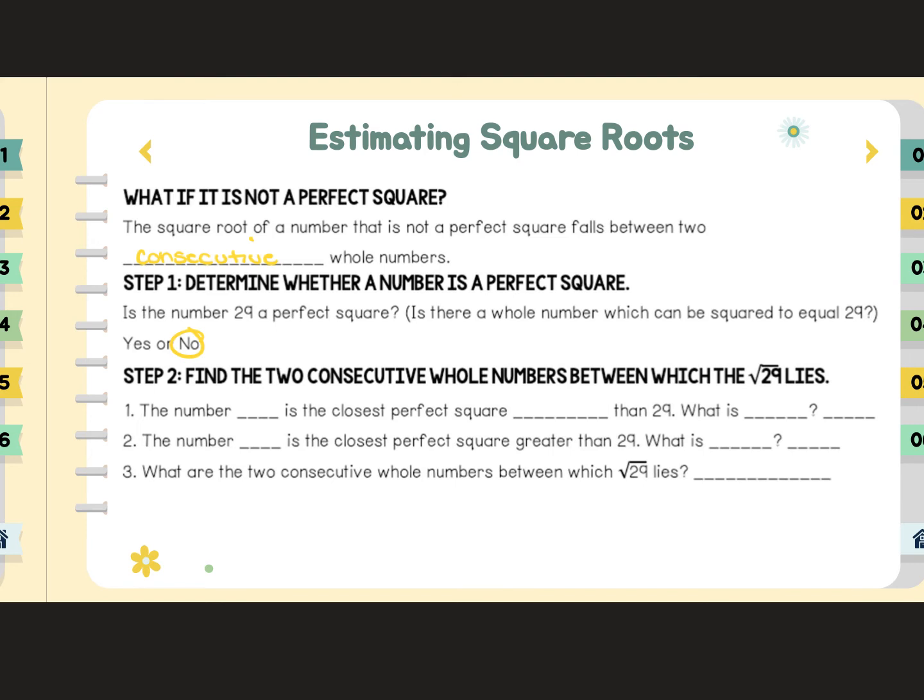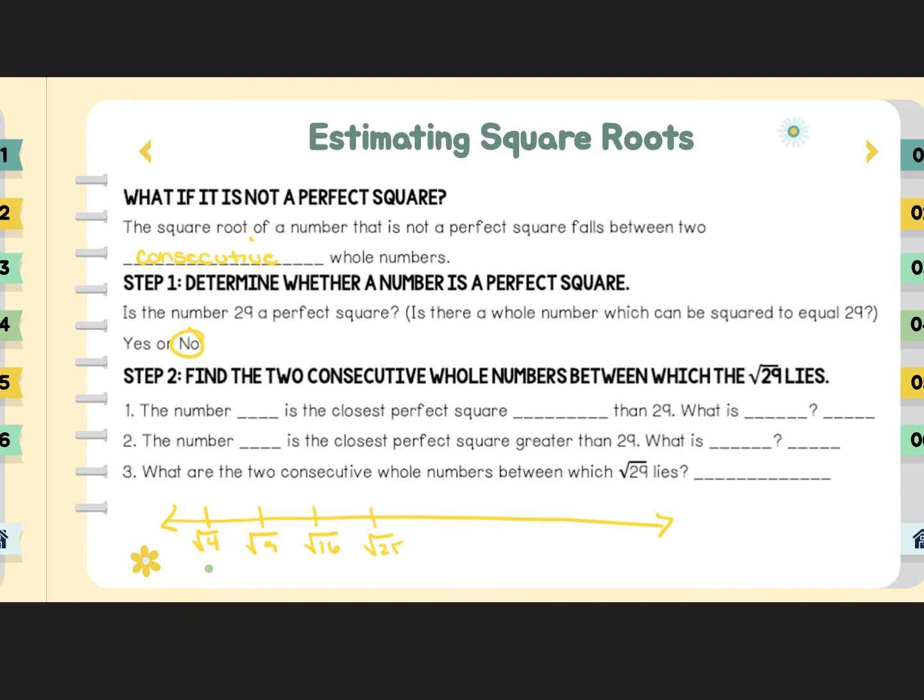All right. Step 2 is to find two consecutive whole numbers between which the square root of 29 lies. So when we think about our perfect squares, we can go back to our perfect squares and think about which two numbers 29 lies between. So really fast here, I'm going to put a quick little number line here. So we have square root of 4. I'm just putting some numbers in. Square root of 9. Square root of 16.